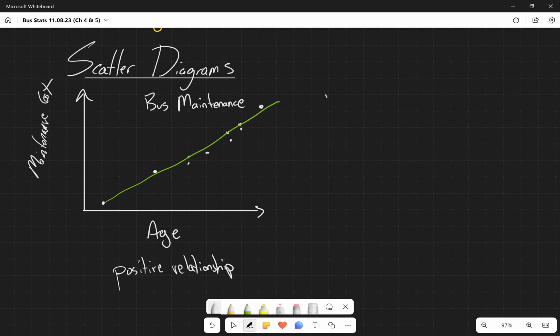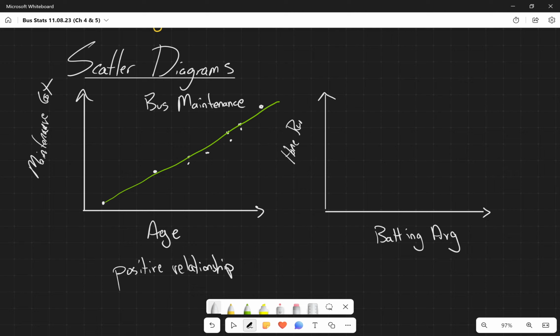The next type of scatter diagram that we're going to be looking at often is going to be a scatter shot. So this is a situation where there is no clear trend in the data, little or no relationship between the two. So if we looked at batting averages for baseball players, and then we look at the home runs that those baseball players get, we're going to see this relationship that looks something like this.